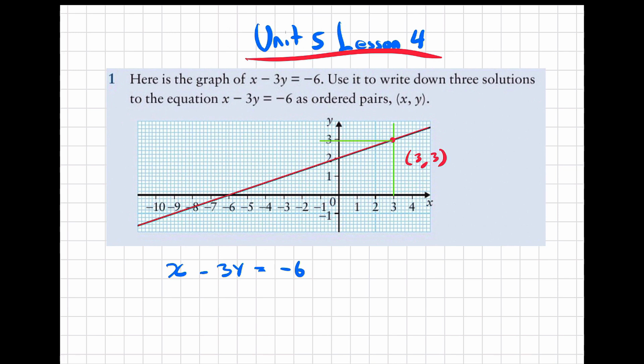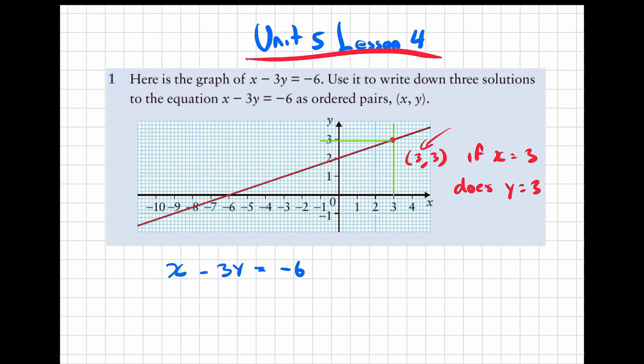So what I need to do is I need to prove that. So I'll use this x value right here, 3, that I came off of, and I transpose that up to that line, that diagonal line, and I want to see if x is 3. So if x equals 3, does y equal 3?